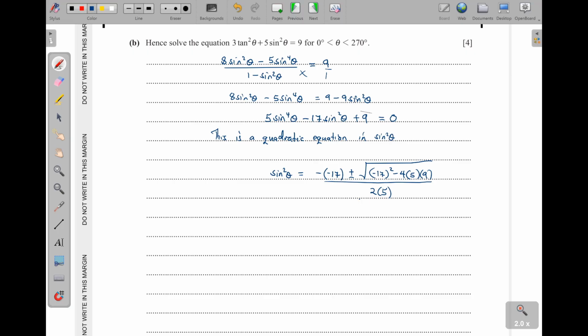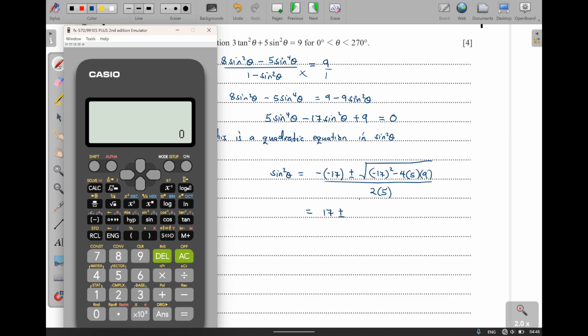We know you can put this one in the calculator and you get the answer straight away, but remember they give a mark for attempting to solve the equation. So you show the examiner that you have substituted into the equation, then you can write down what you get from your calculator. Okay, so this one is going to be 17, then plus or minus, what do we have inside there?